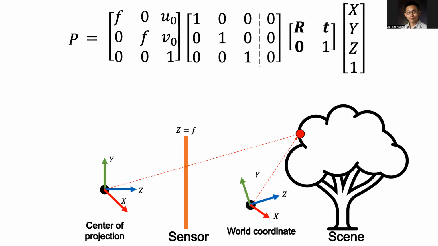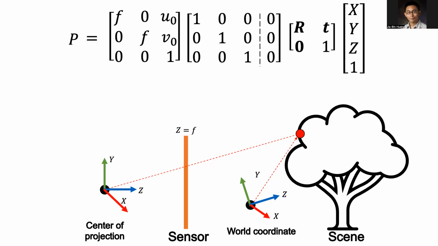I need to do the coordinate transformation, and the coordinate transformation is represented by this [R T], rotation and translation. So the point doesn't change. It's just that the reference frame is different.